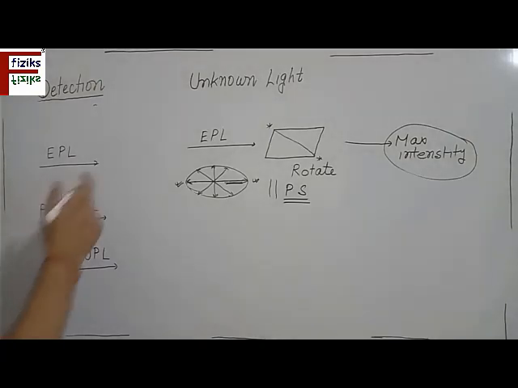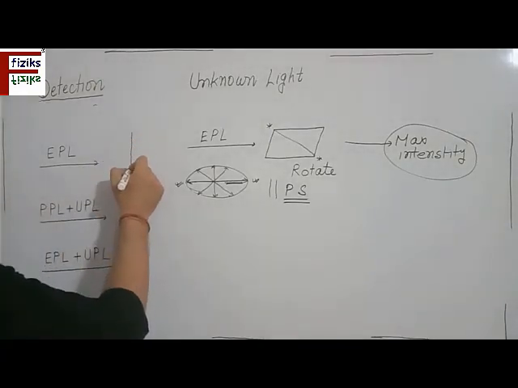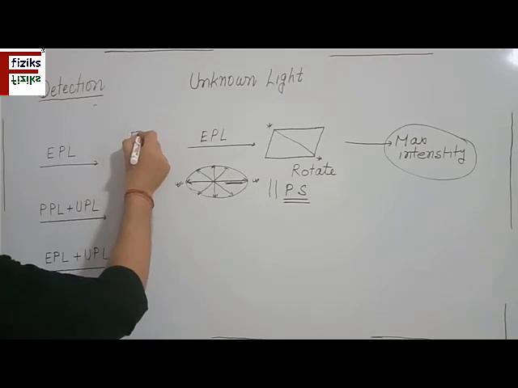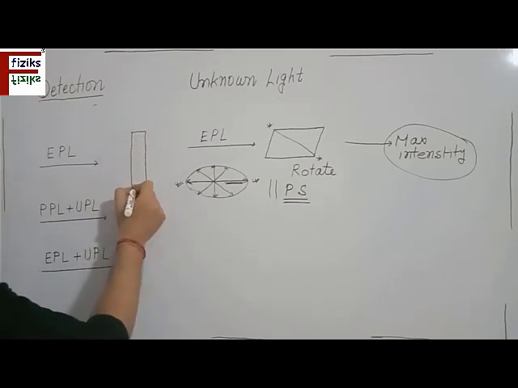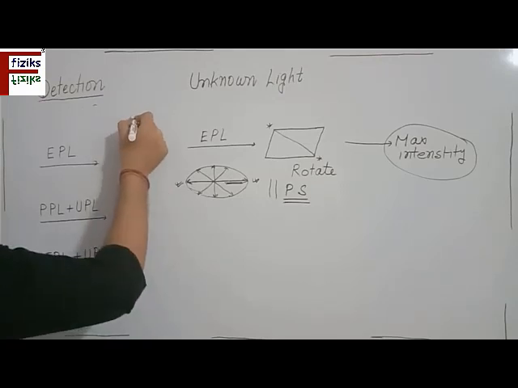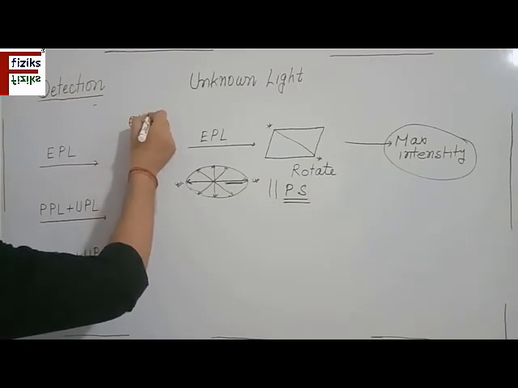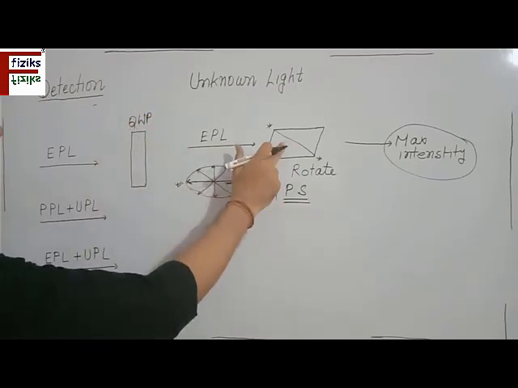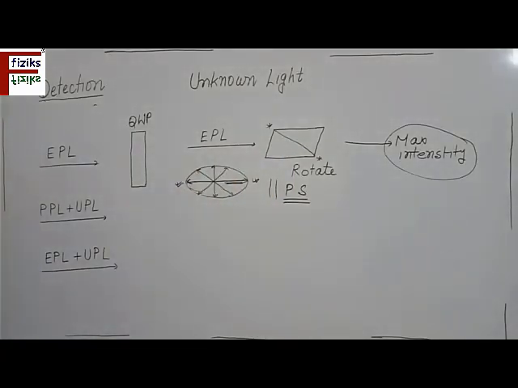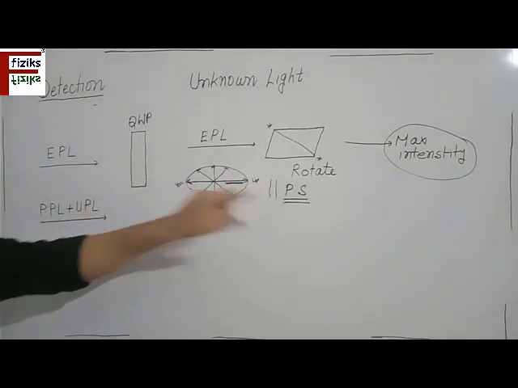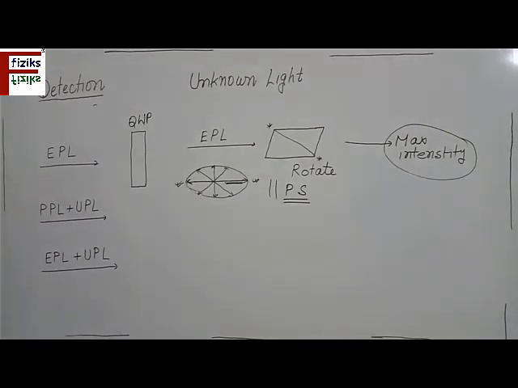Now we will place a quarter wave plate. We will place this quarter wave plate in such a way that the optic axis of this quarter wave plate becomes parallel to the principal section of this rotating Nicol.